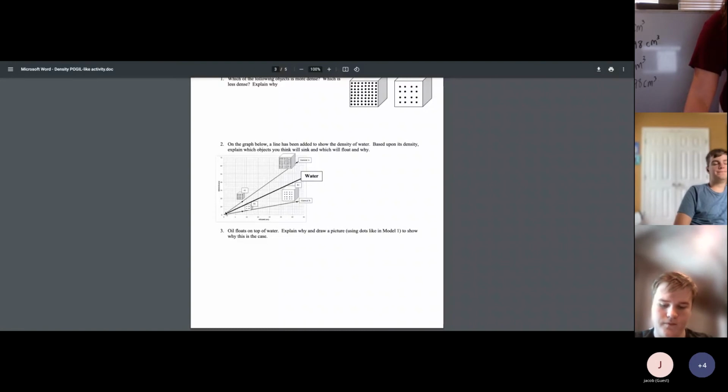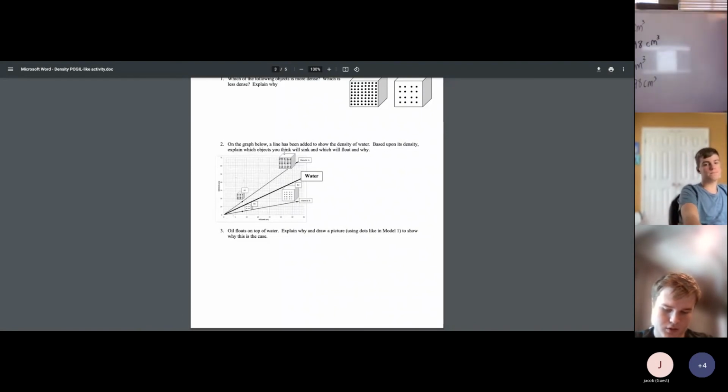What is going to happen to anything that is above this line? So like our cube A. Do you think its density is going to be heavier than water? Or you think its density is going to make it lighter than water and make it float? What you think?